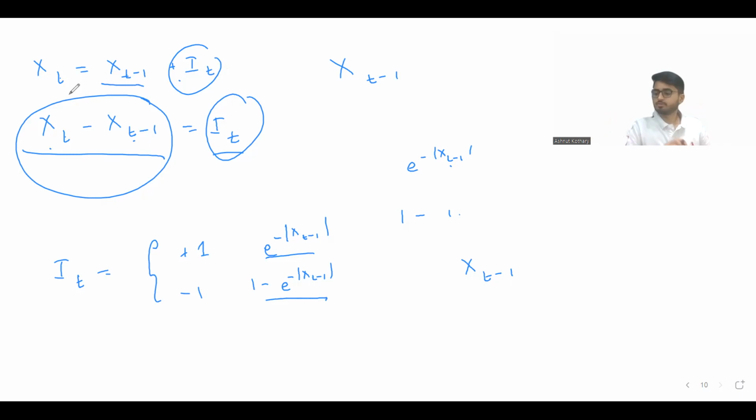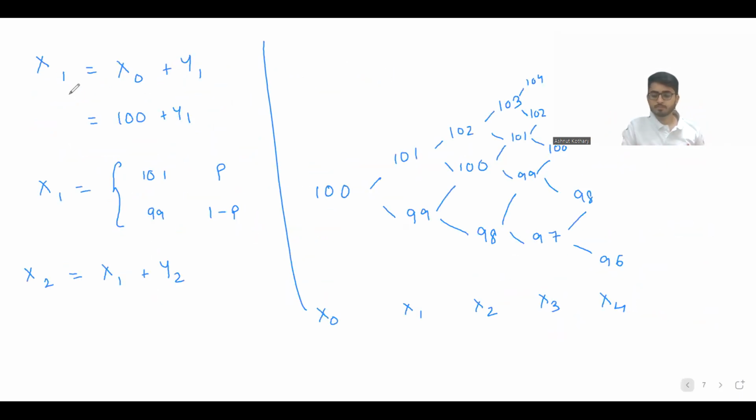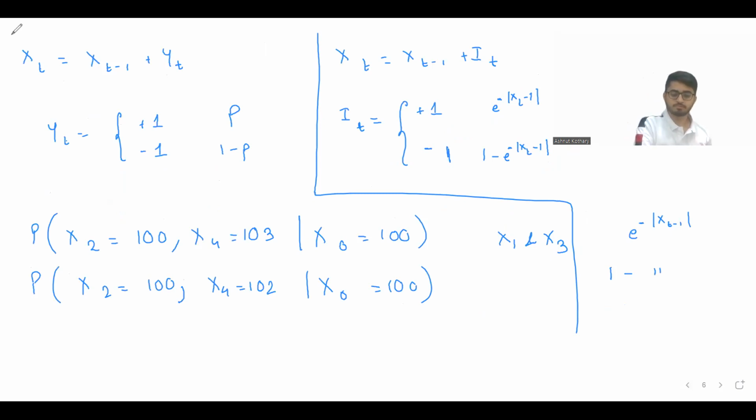In the earlier case also, if you take a look at this question, can you comment for this one? Does this process have independent increments or not? So here also Yt becomes my natural increment. Yt is always taking fixed values with fixed probabilities. So therefore it does not depend on the past.